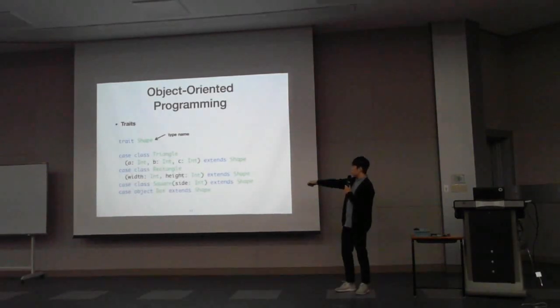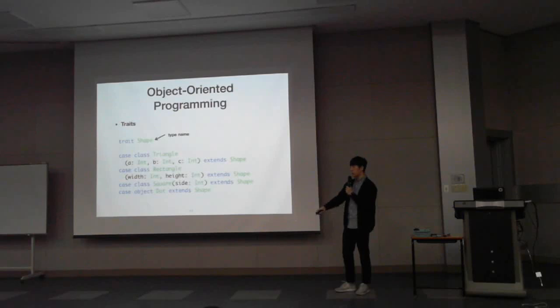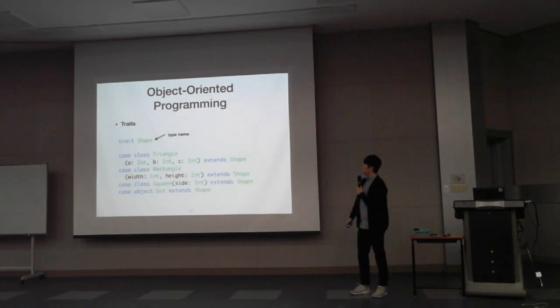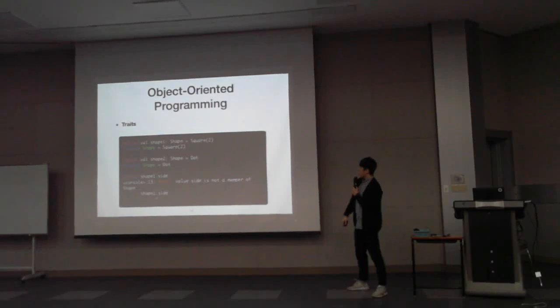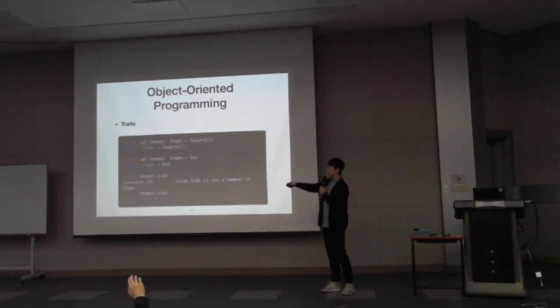So the object Dot has the type Shape, and all the objects created by the Triangle or Rectangle or Scale constructors have their own type and also have the type Shape.